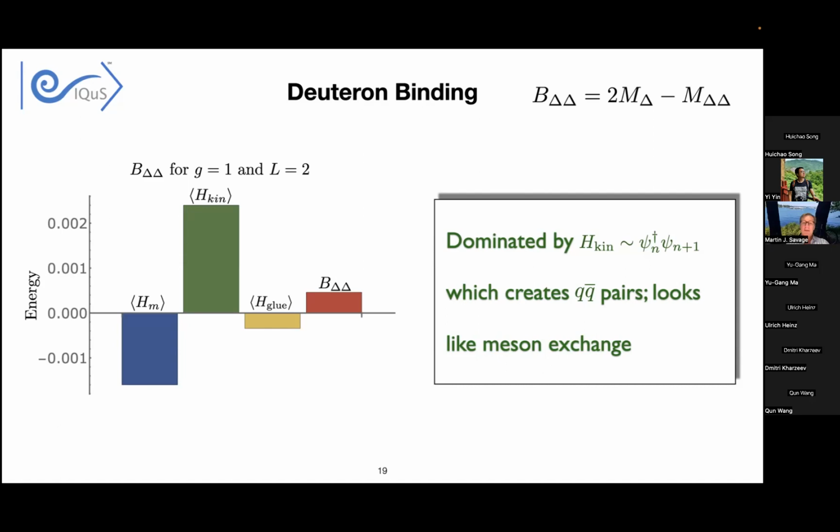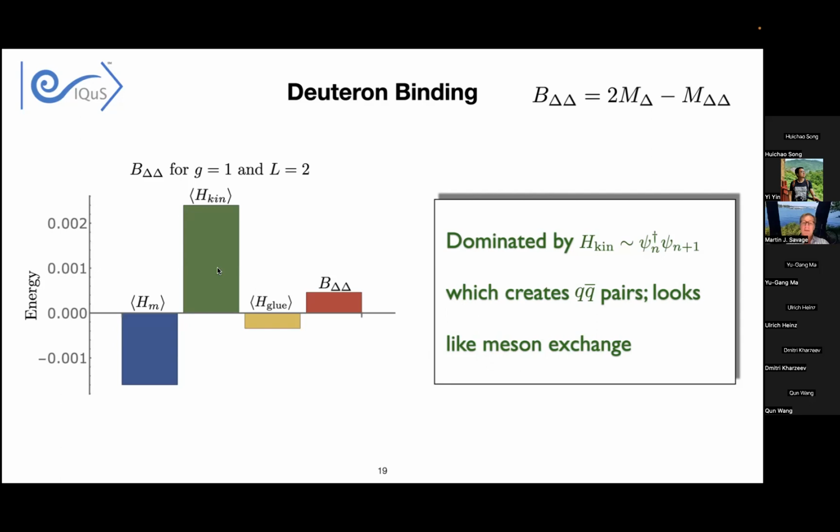And so if you look at what is contributing to the deuteron binding, then you see that the mass term contributes a negative amount, which seems a little odd at first, but it's totally fine when you're taking differences. The kinetic term has the biggest contribution, and of course the kinetic term is an operator that can create QQ bar pairs.